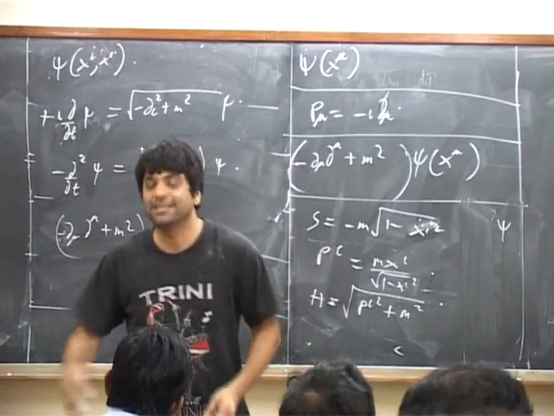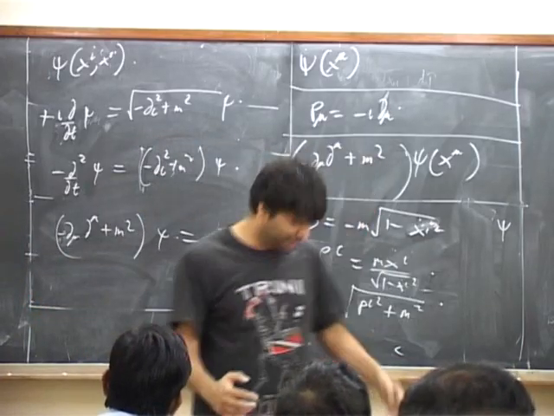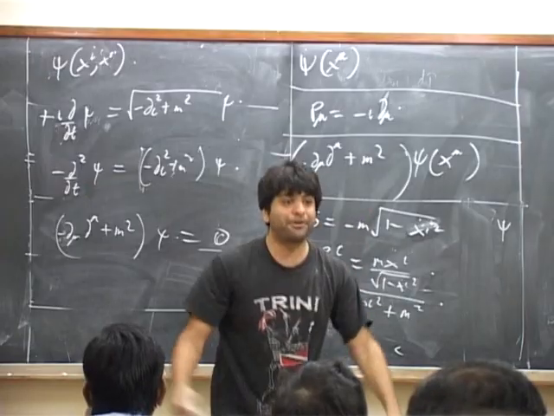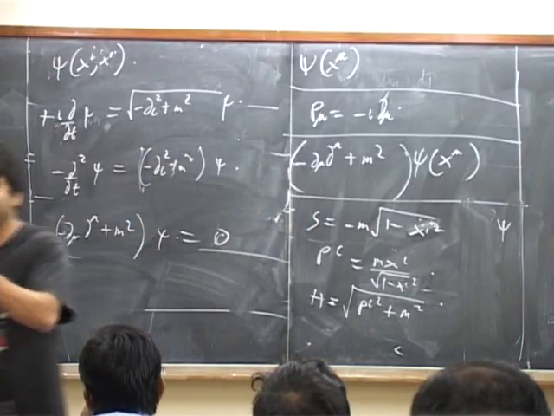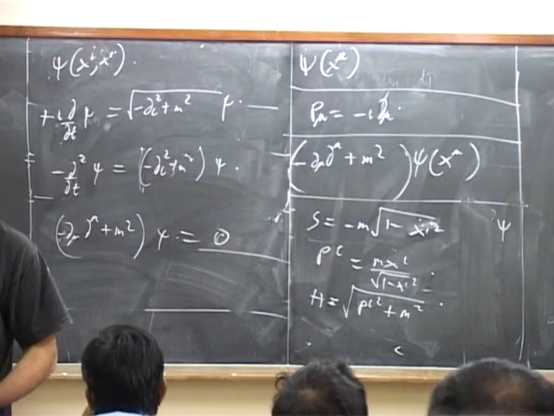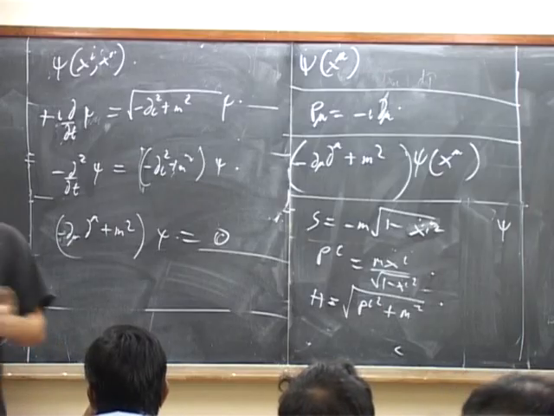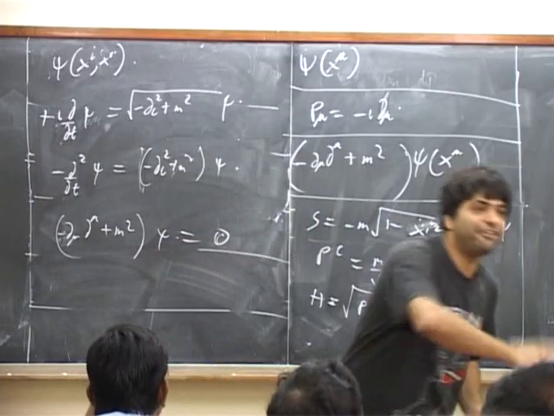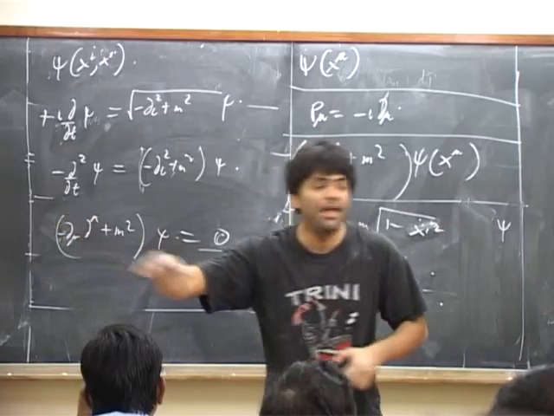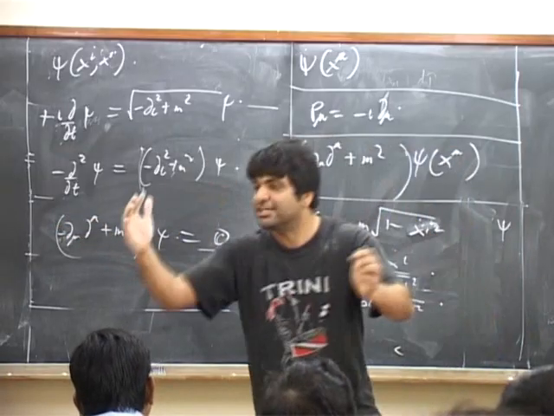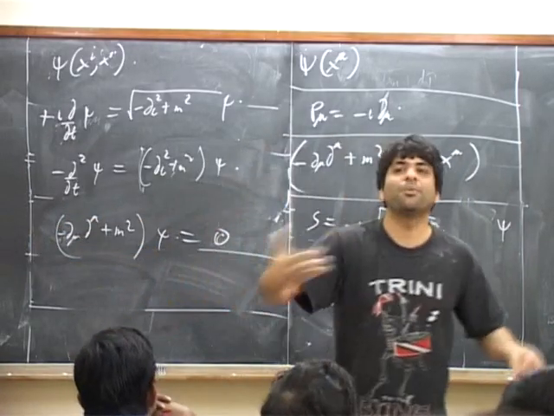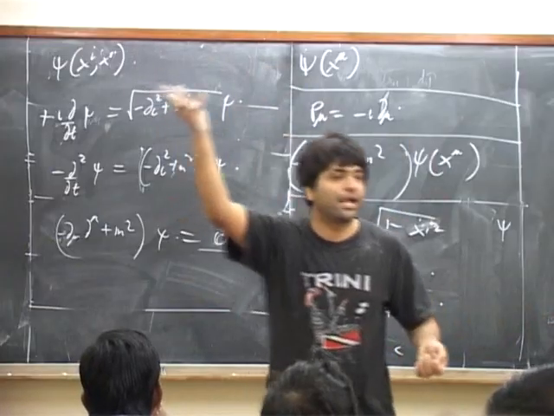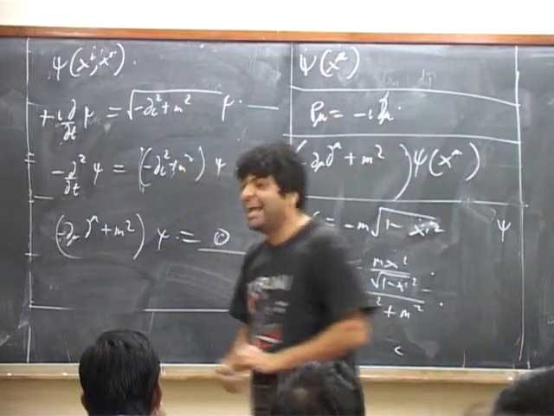The problem was, you see, what was the problem? The problem was that we started with too many variables. We pretended that our variables of the system were the time of the particle as well as the position. That was not true. What the system told us was that not every state was physical. Implementing that condition gave us an equation on wave functions. That equation is what replaced the Schrodinger equation for the more physical way of quantizing.